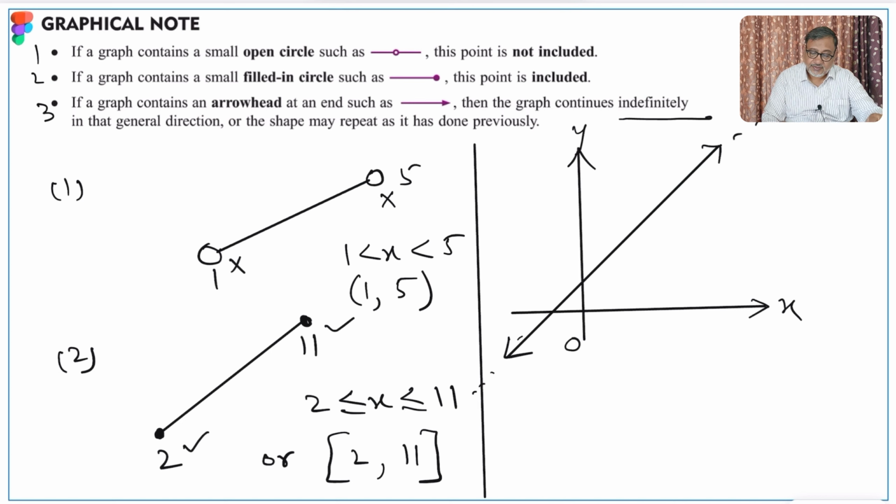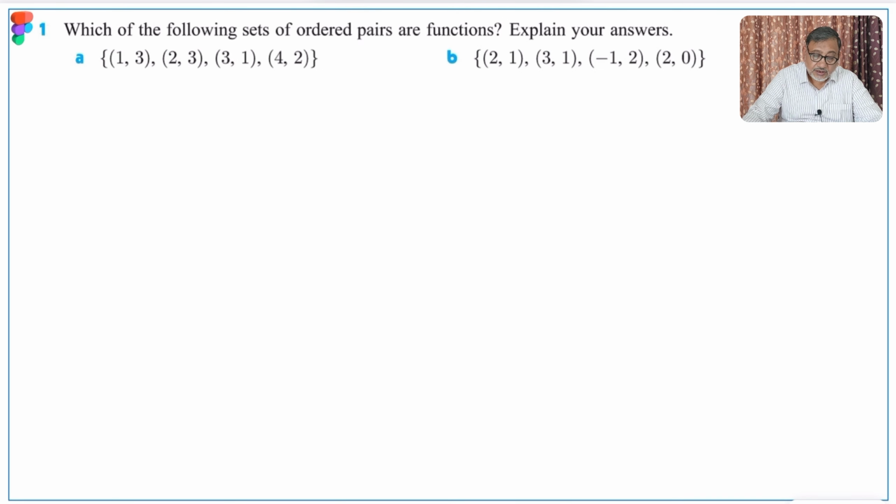Now the next question is, which of the following sets of ordered pairs are functions? Explain your answer. Look here: (1, 3), (2, 3), (3, 1), (4, 2). The x element, the x coordinate, is not repeated, so therefore it is unique.